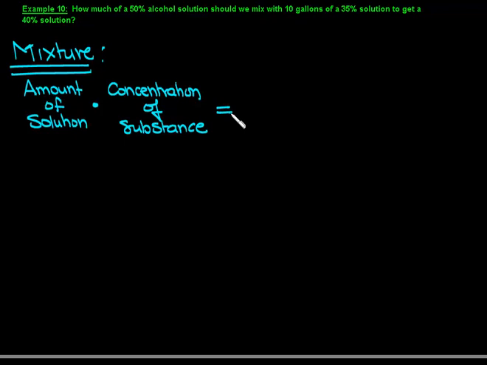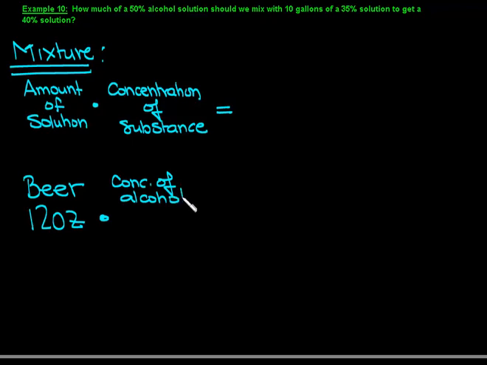Let me give you a concrete example. Let's say you have a 12-ounce can of beer. That's my solution. I'm interested in the concentration of alcohol in the beer. The side of the beer can tells me that the amount of alcohol in the beer is 20%.